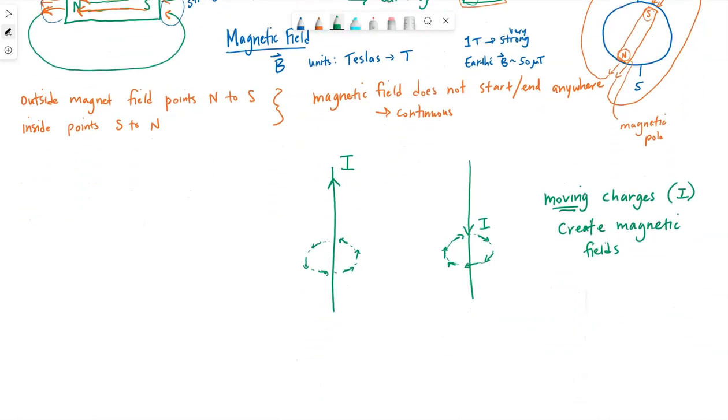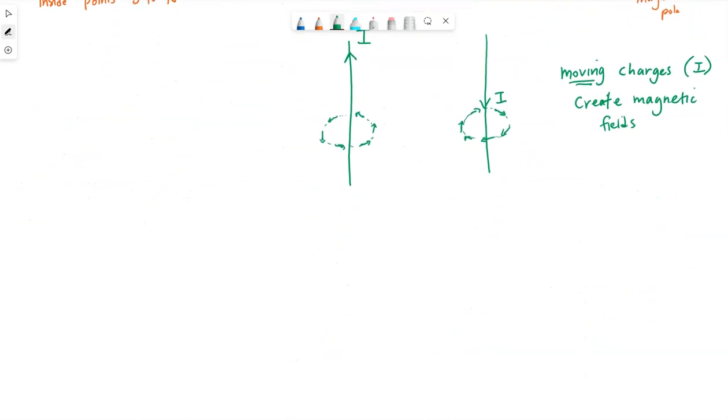So what is it about a bar magnet? A bar magnet doesn't have current flowing through it, right? Our bar magnet has a north and a south. It turns out if I were to cut my bar magnet in half so that I had two pieces, they would individually have north and south.